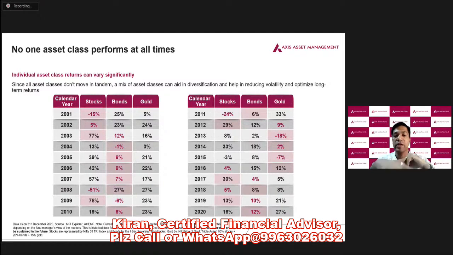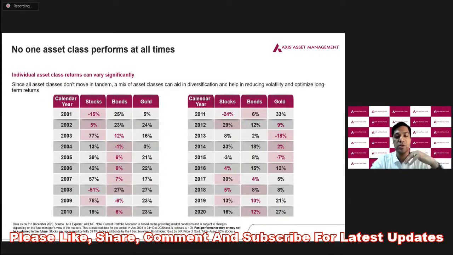This is a lot of data that goes back over the last 20 years. What we have done is take each calendar year from 2001 till 2020, and for that calendar year, what return the stock market gave, bonds gave, and gold gave. Very interesting observations. For example, look at 2008.